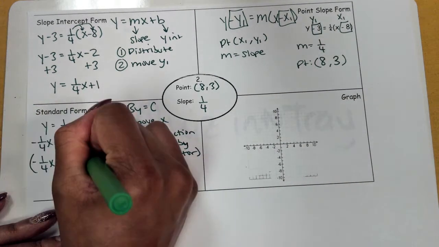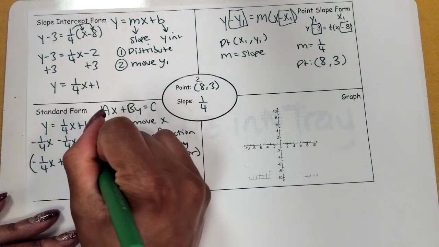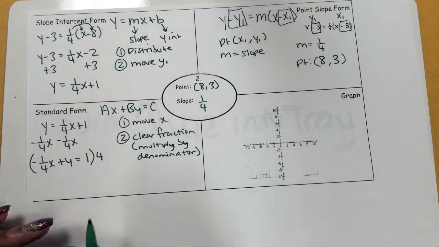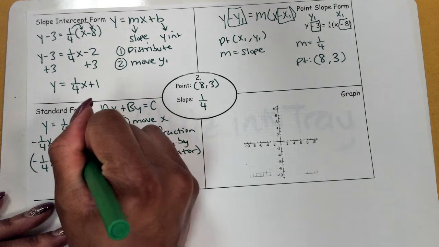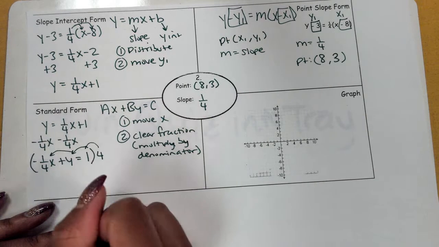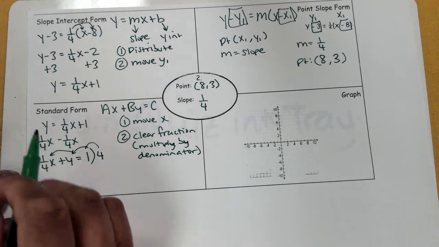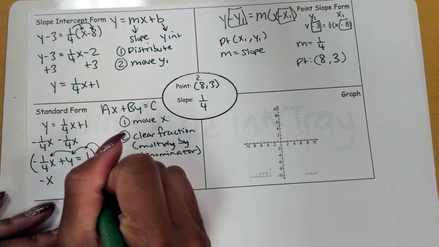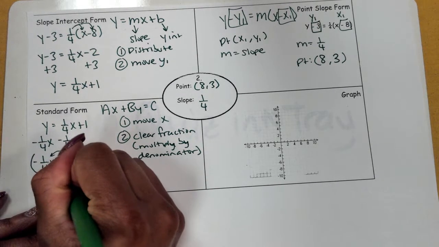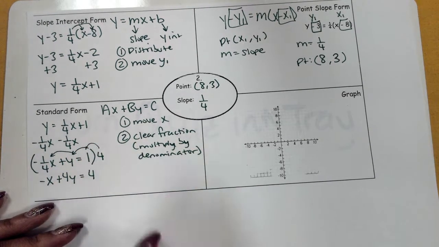So in this case, the denominator for both sides of this equation is a 4. Okay, so I'm going to distribute to all terms. So 1/4, negative 1/4 times 4 gives me a negative x. Then I have plus 4y equal to 4.